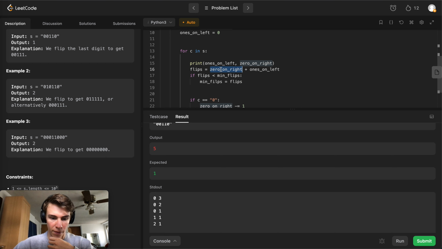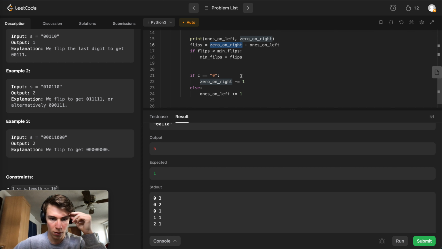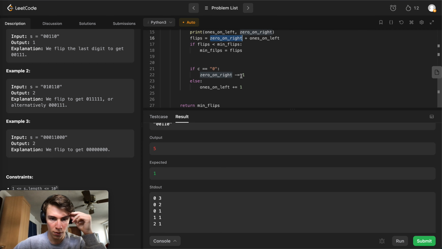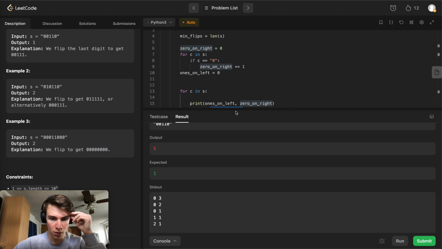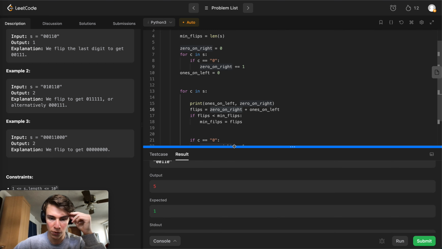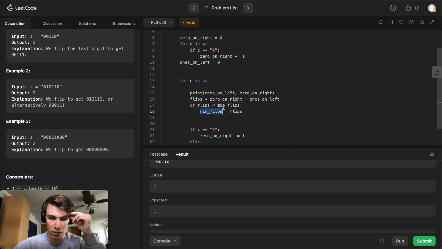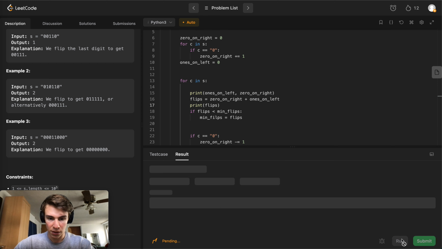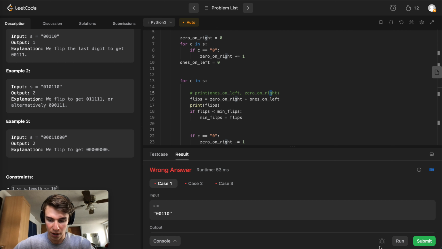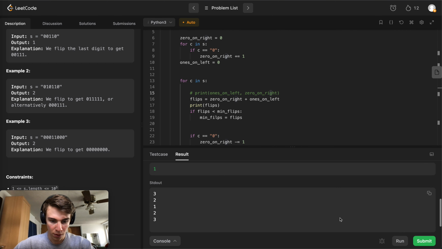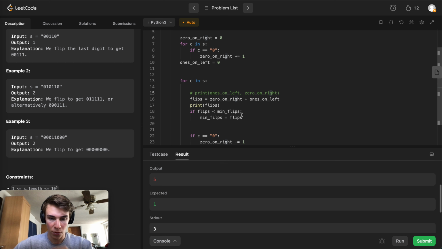Where does it get the 5 from? Confused as to where it gets the 5 from, because flips doesn't even add up to 5 at any point of time. 3, 1, but the output is 5.